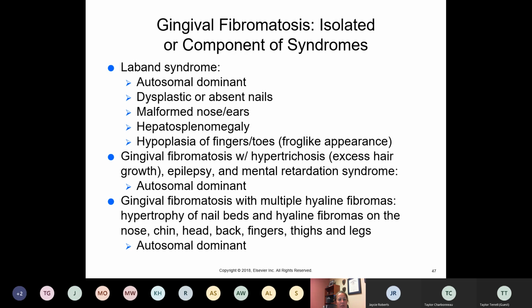And then gingival fibromatosis with multiple hyaline fibromas is where they have these little fibrotic lesions, and we see that on the nose, chin, neck, back, fingers, and thighs. And this is a dominant condition as well. So these are some syndromes that have been associated with gingival fibromatosis.